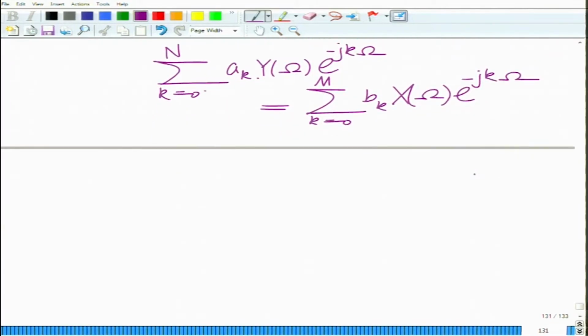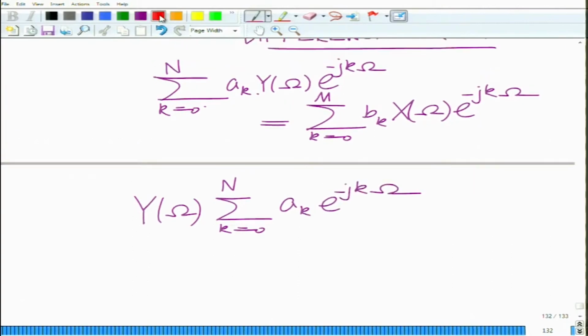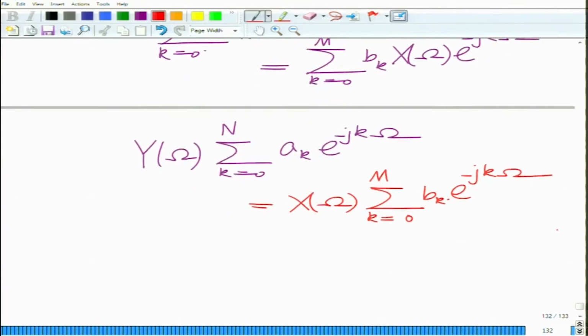Taking Y of omega common on the left, I have Y of omega summation k equal to 0 to N a k e raised to minus j k omega equals, taking X of omega common on the right, X of omega summation k equal to 0 to M b k e raised to minus j k omega.